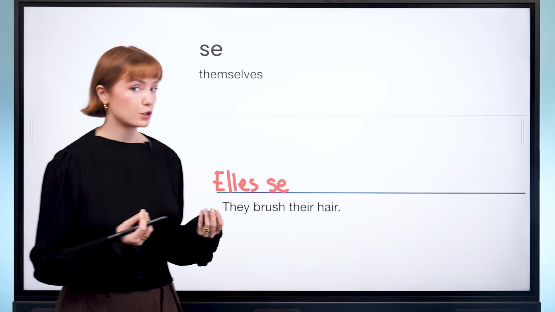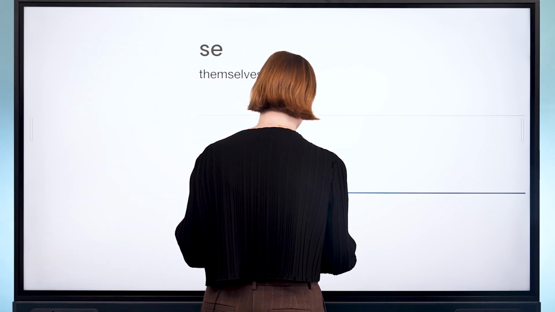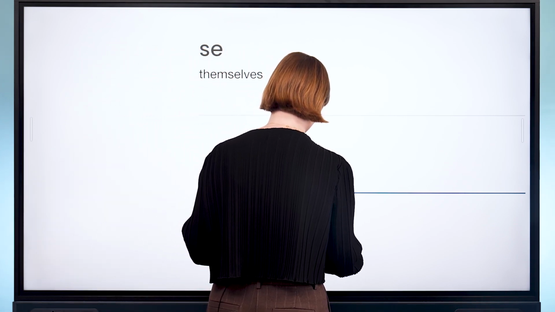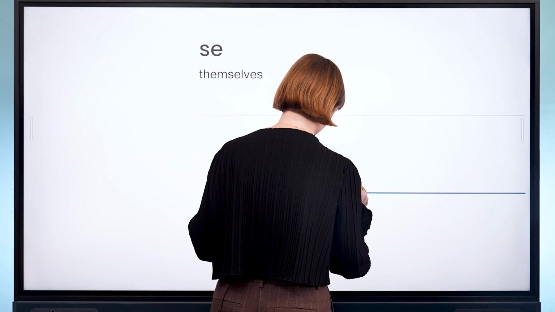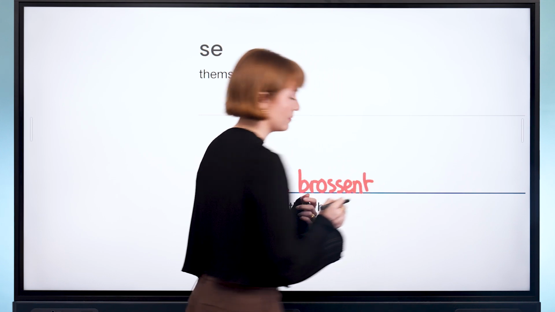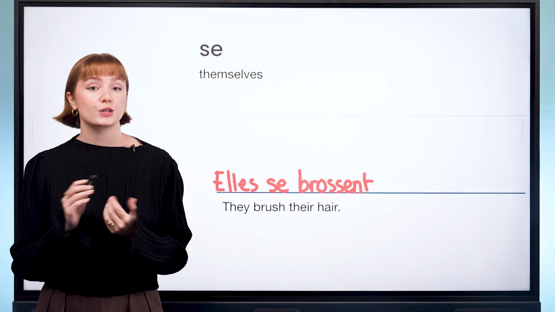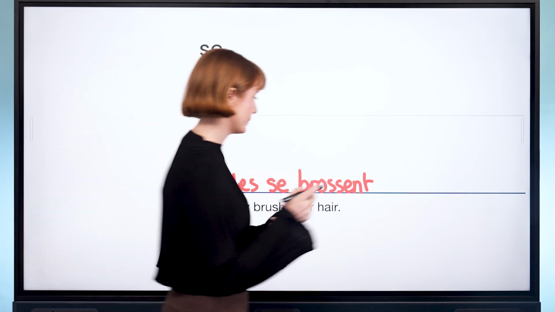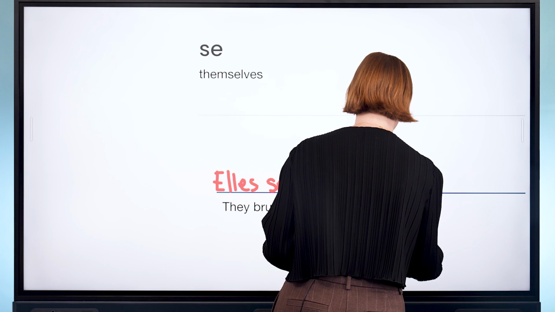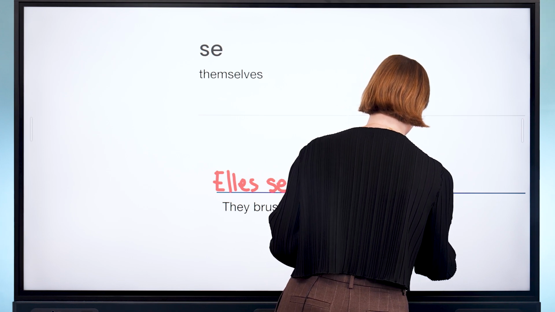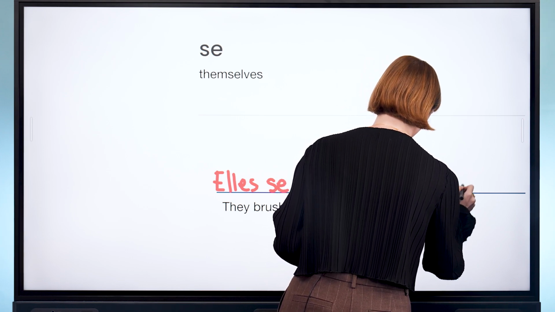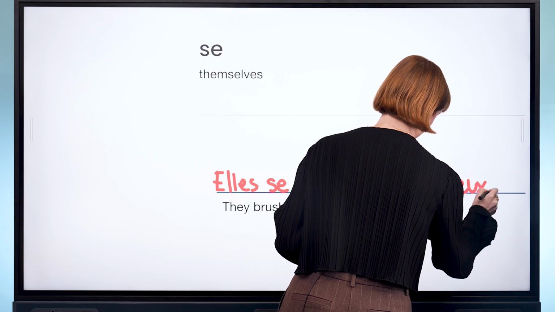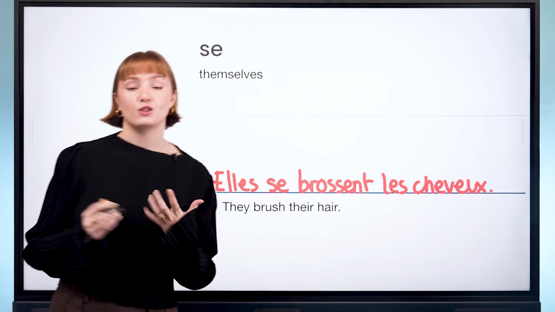Next, brosse, brush, followed by les cheveux, the hair.